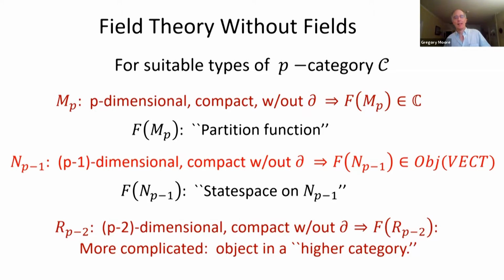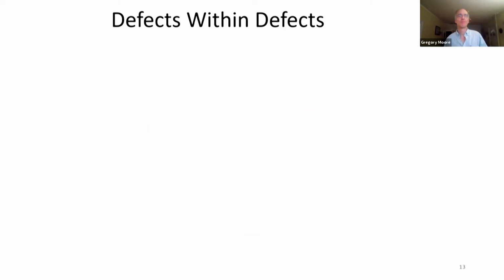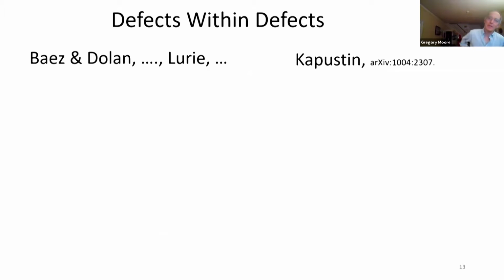then F on such manifolds is a more complicated thing. It's an object in a higher category. One way of thinking about these is to think about defects within defects.